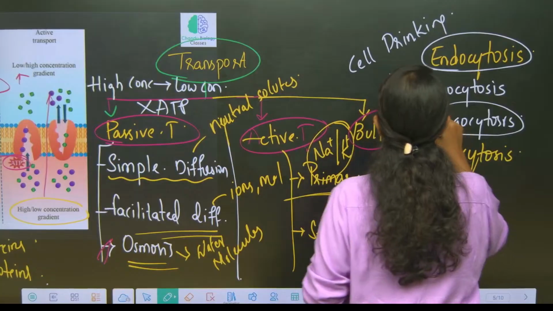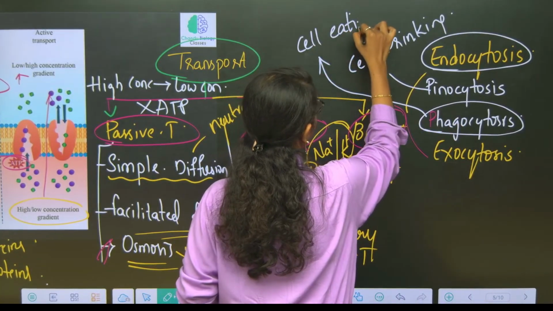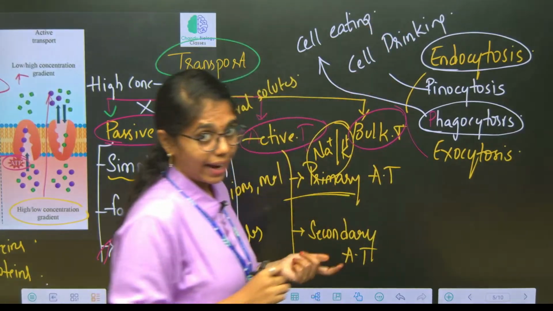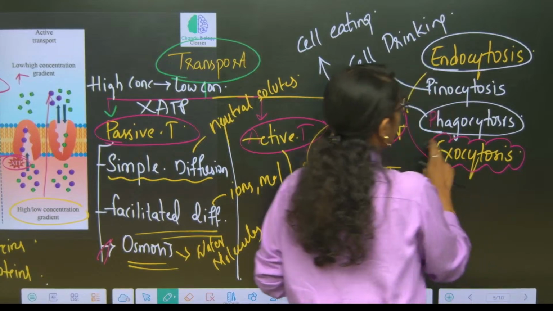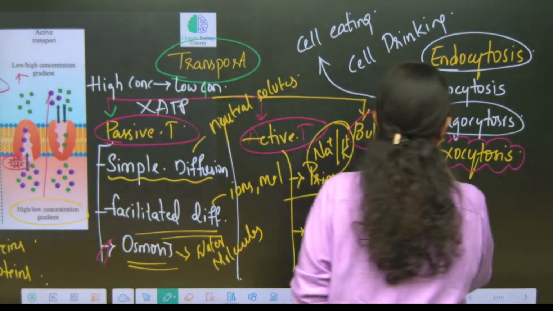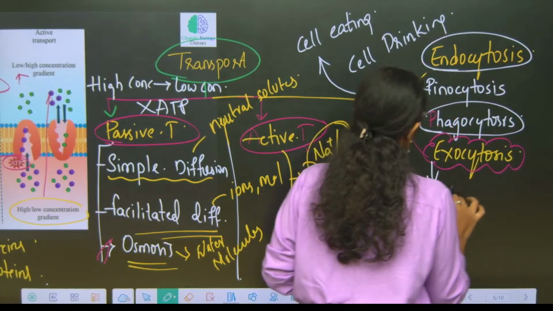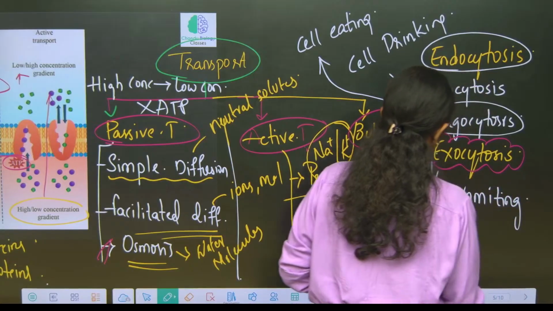And exocytosis is also known as cell vomiting or emeiosis.